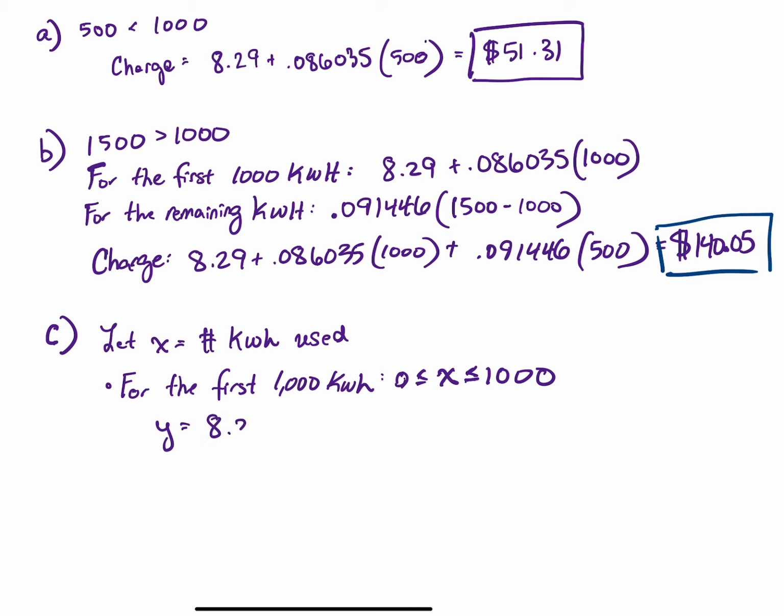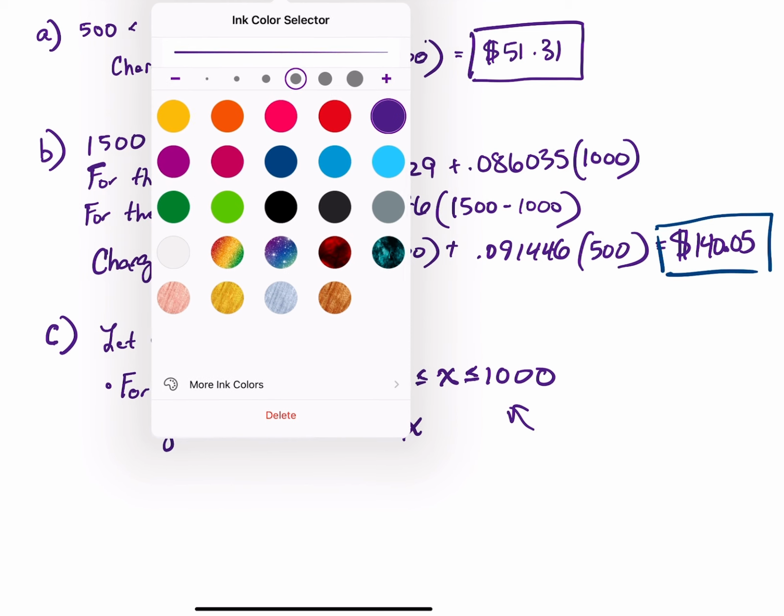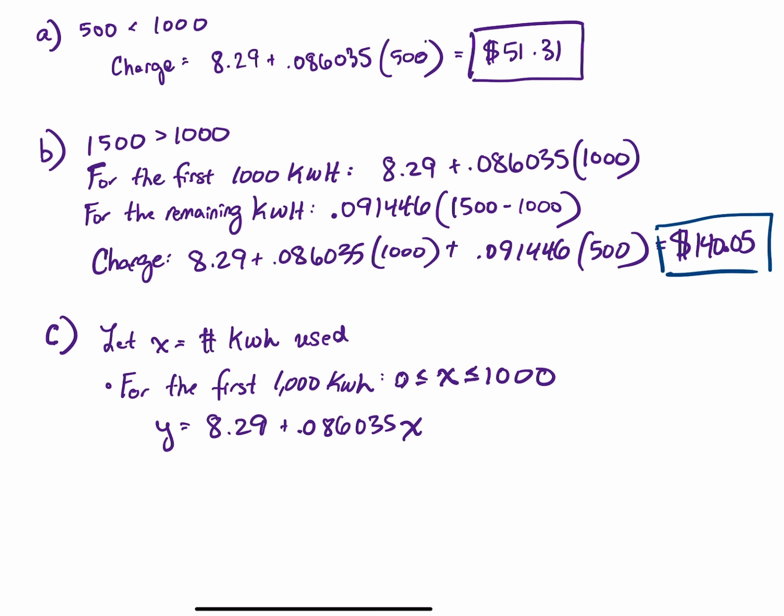That was $8.29 plus the 0.086035 times however much was used. So we can just say times x. And we're saying this is when we are less than or equal to 1,000. And obviously more than 0. We wouldn't imagine negative kilowatt hours. Although I guess if you had solar panels, there's some plans that will pay you back some money if you contribute to the grid. But I think we won't consider that here.